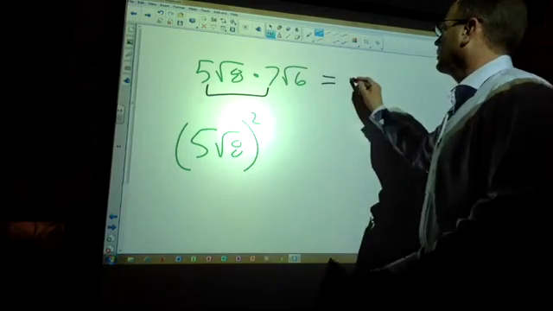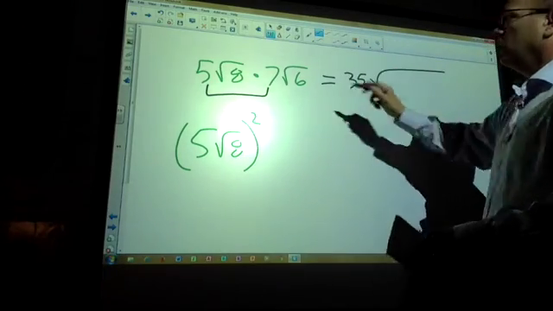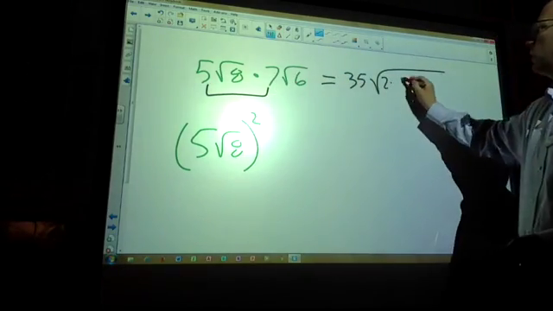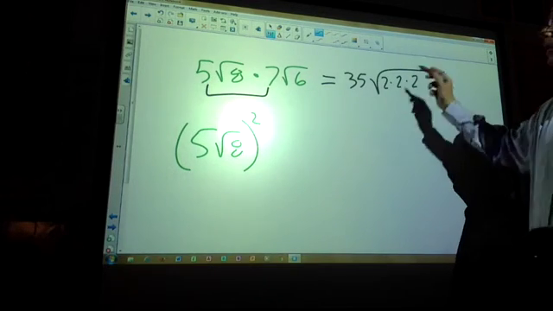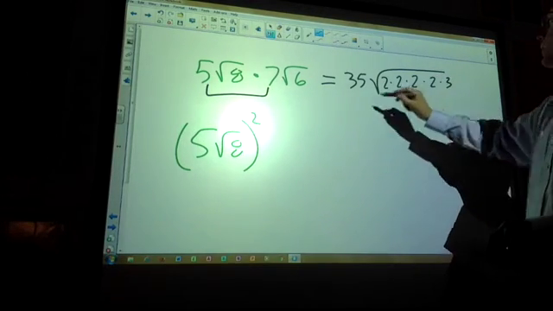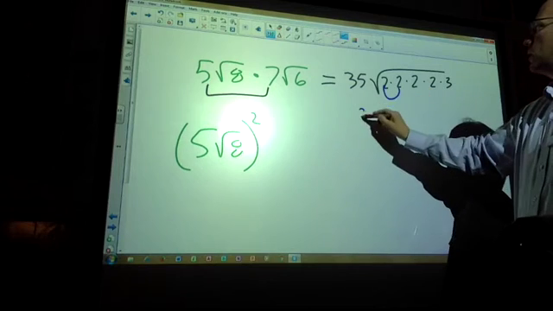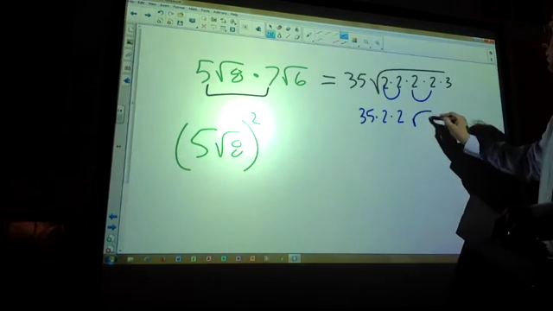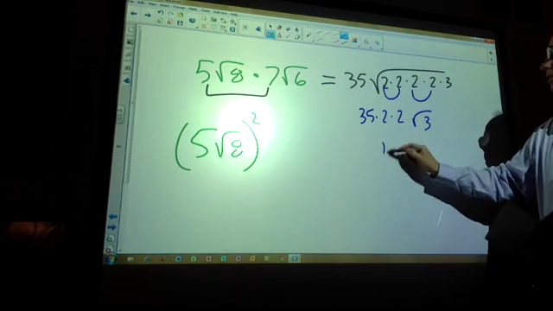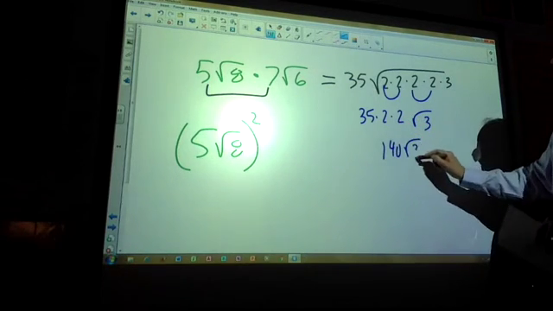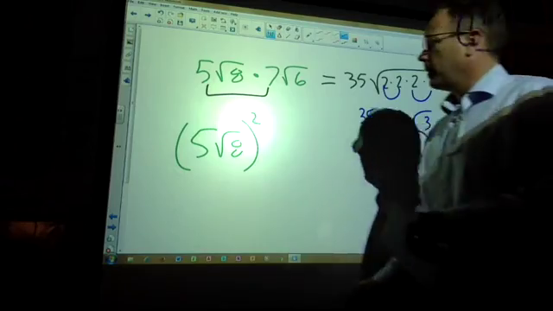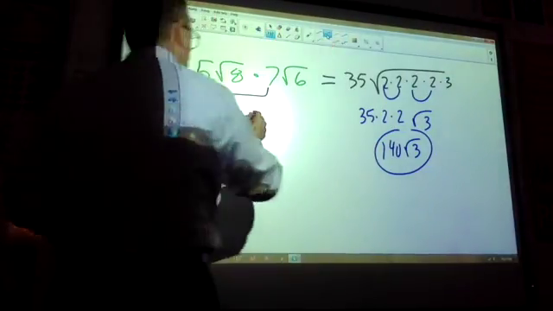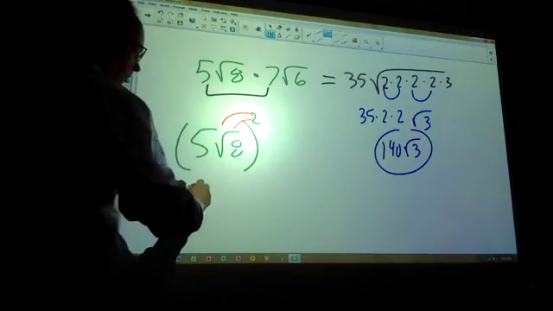That's 35. And then let's break 8 down to 2 times 2 times 2, right? Break 6 down to 2 times 3. So that's 70, that's 140 square root 3. If I had this one, this comes here and here, so that becomes 25.